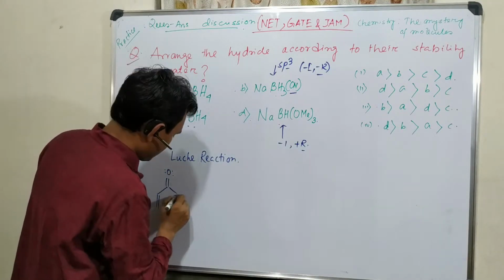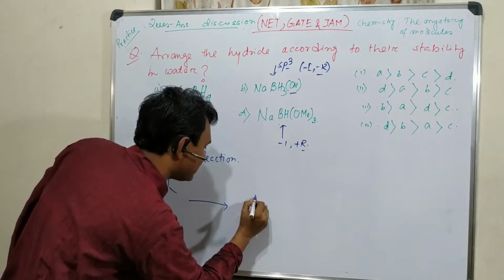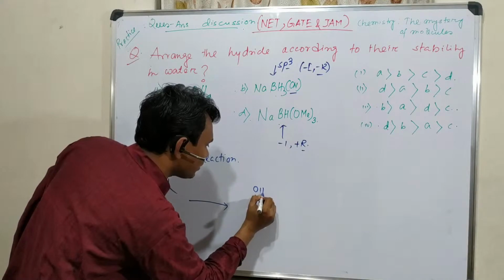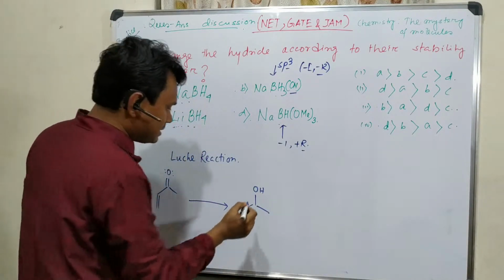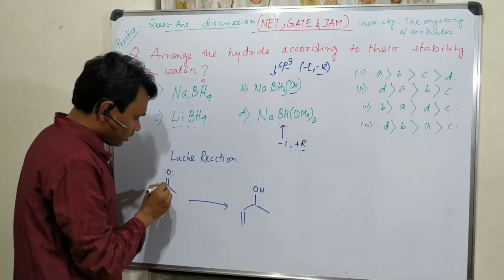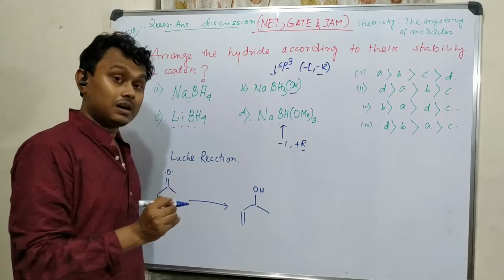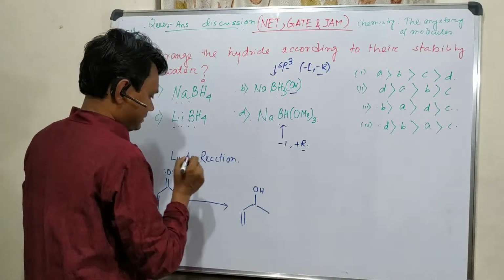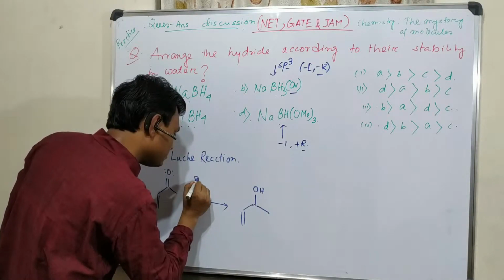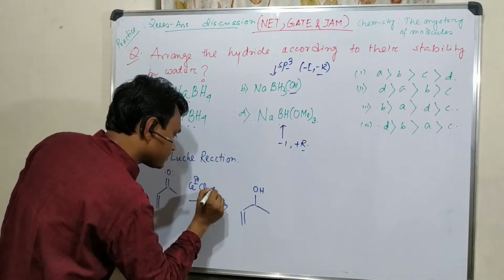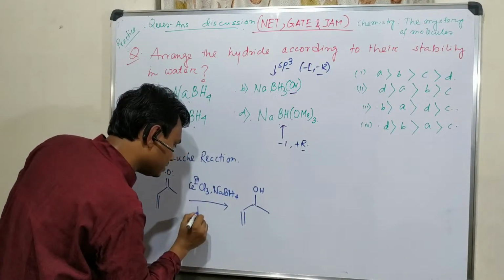The product is the alcohol with the double bond intact. This center is harder because of more positive charge density, so a hard nucleophile attacks here and reduces. The reagents used are cerium(III) chloride, sodium borohydride and methanol.